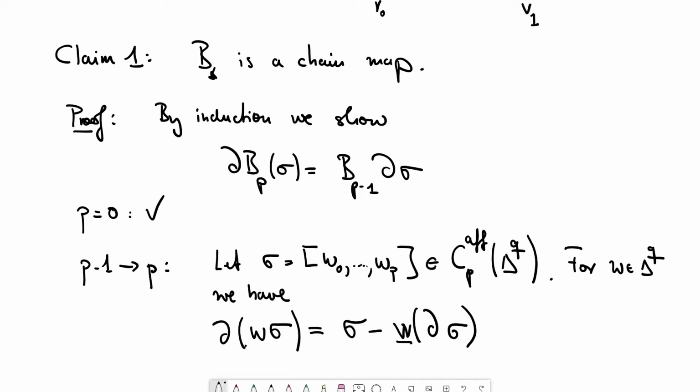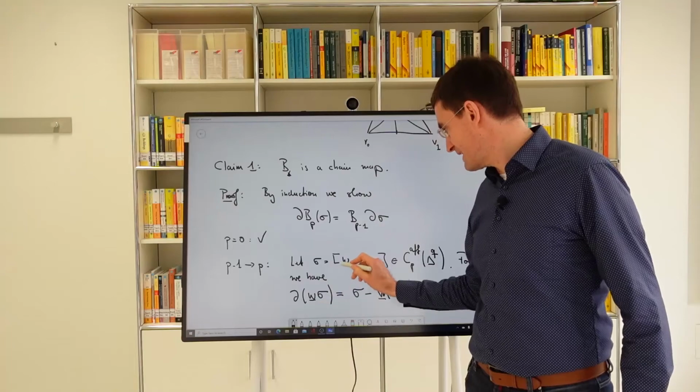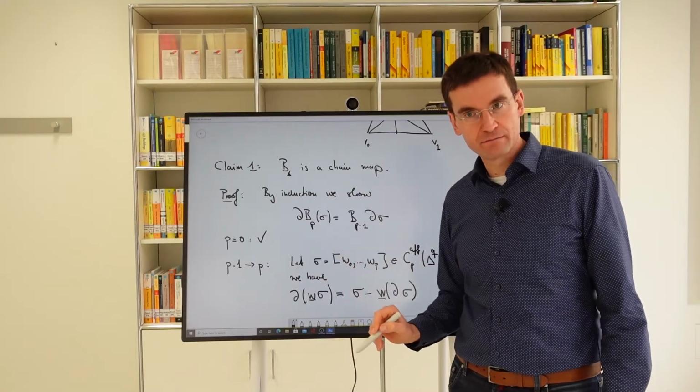And if you want, I could also write W underbar, because that was the way you define it on a singular simplex. So let's call this relation star, and let's ponder about it for a second. What do we do here? So sigma is this W0 up to Wp, and then what this does is just adding the W in front.